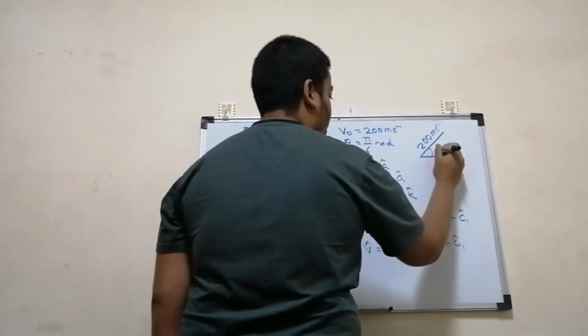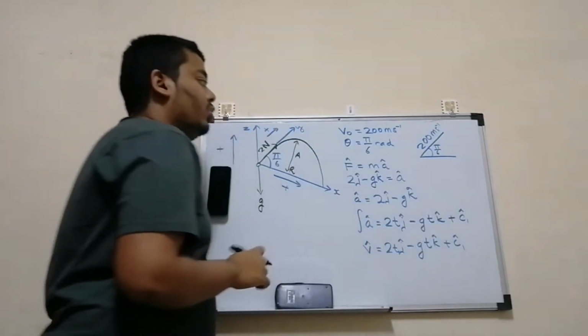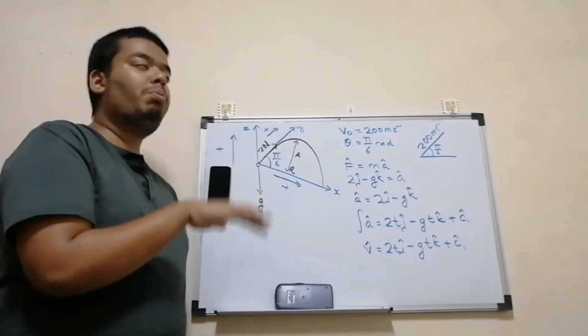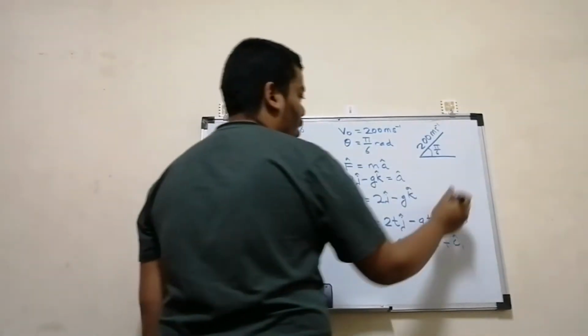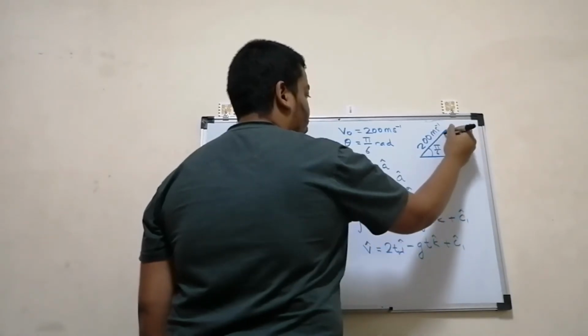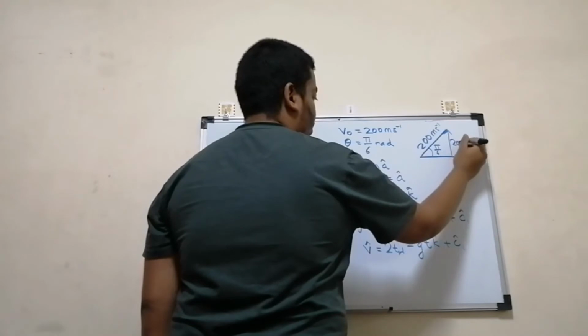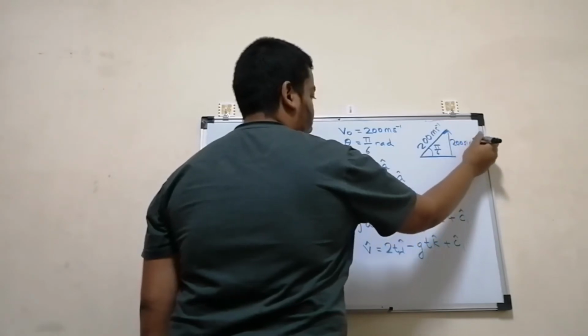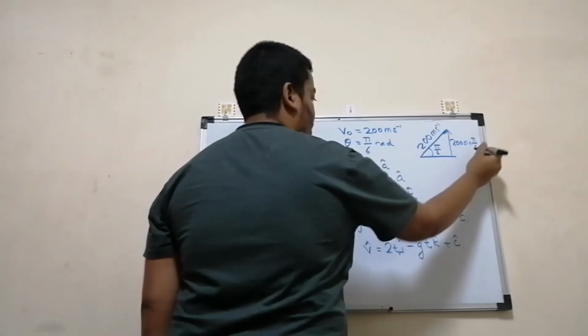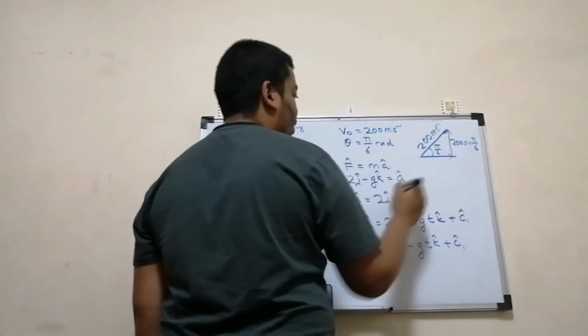Now remember, this will have two different components. We will have a vertical component, which will be 200 sine pi upon 6. And we will have the horizontal component, which will be acting in the i direction.